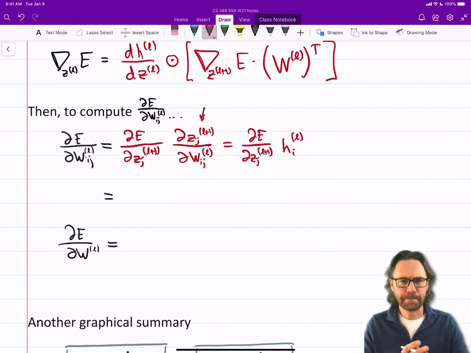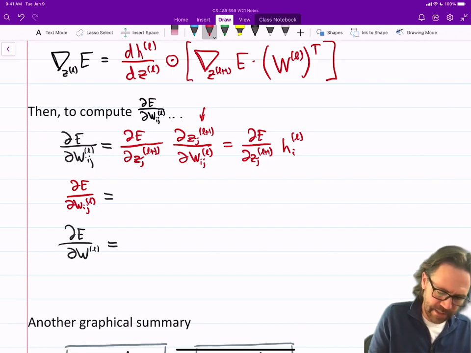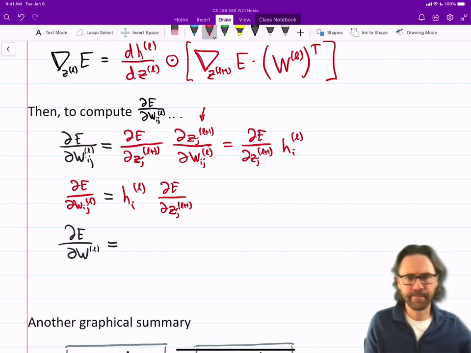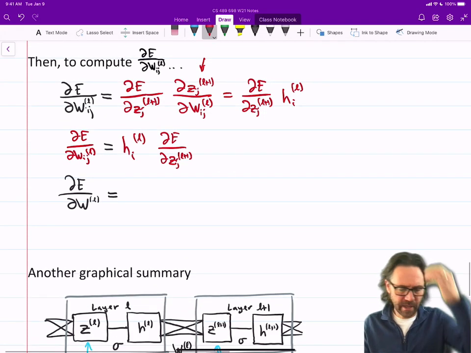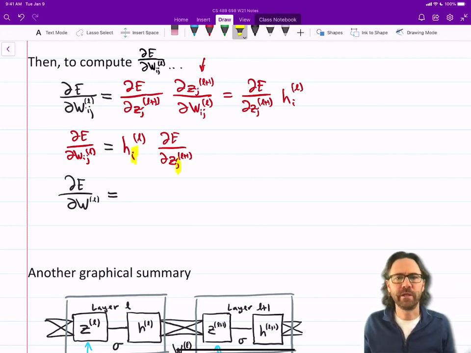So I can rewrite that then as dE/dw_ij at layer L is, I'll write it in this order, h_i layer L times dE/dz_j layer L+1. Now there's an i here and a j here, but there's no mixing between them, right?